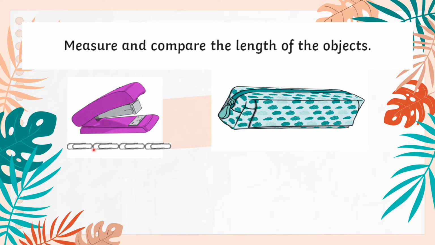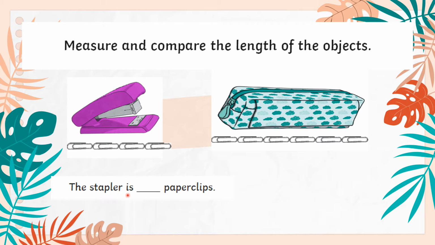So look at the paper clips that we have put together to measure the length of the stapler. Now let's put some paper clips together and see how many combine together to make up the length of the pencil pouch. The stapler is dash paper clips. How many paper clips do we put together that is equal to the length of the stapler?